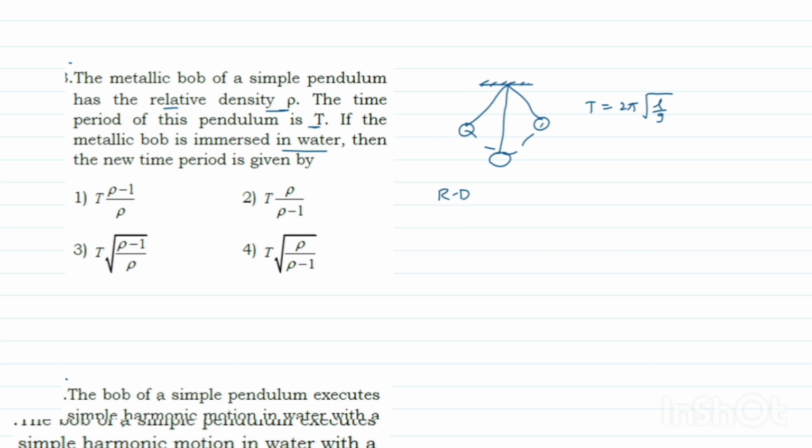Relative density of the metallic bob is the density of the body by the density of the liquid, here water. So relative density is given as rho: the density of the bob is rho gram per cc, and the density of the water you can take as 1 gram per cc.